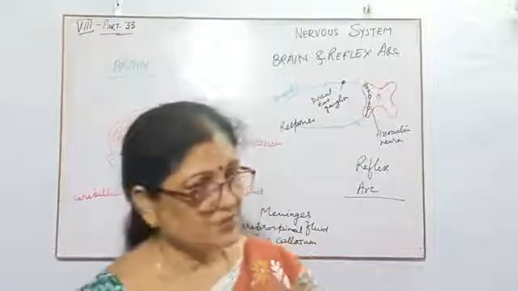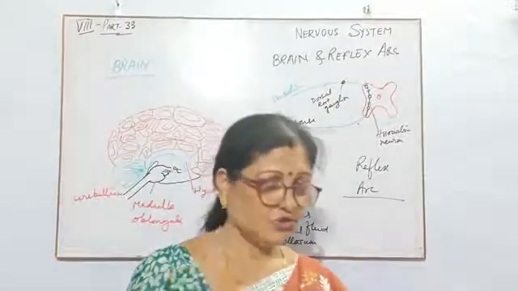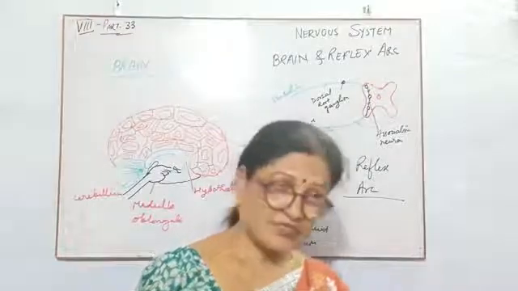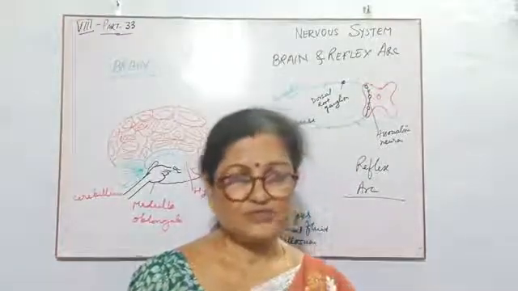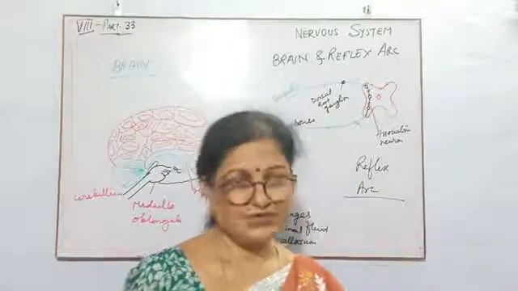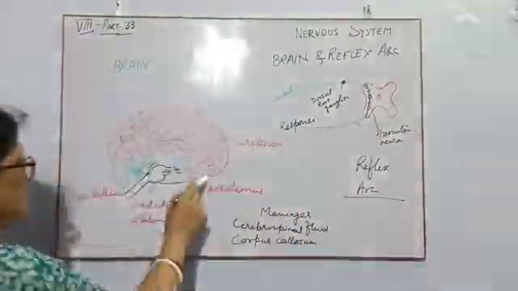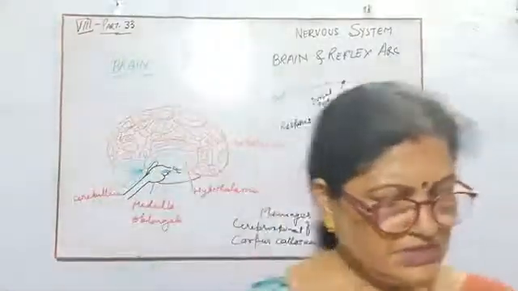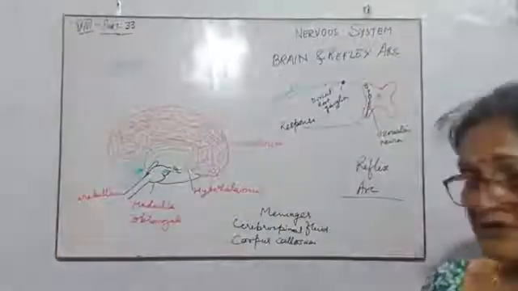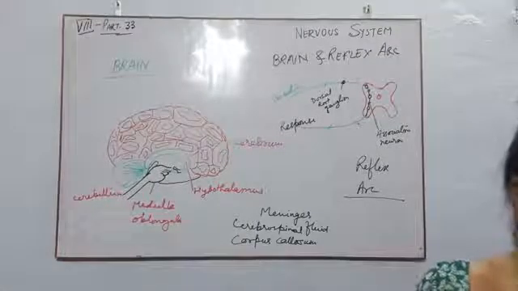So that's why corpus callosum is present to join the hemispheres and pass the message from right to left or left to right. Then our two parts of the body can do the same work. So this is the main part of our brain, the cerebrum.